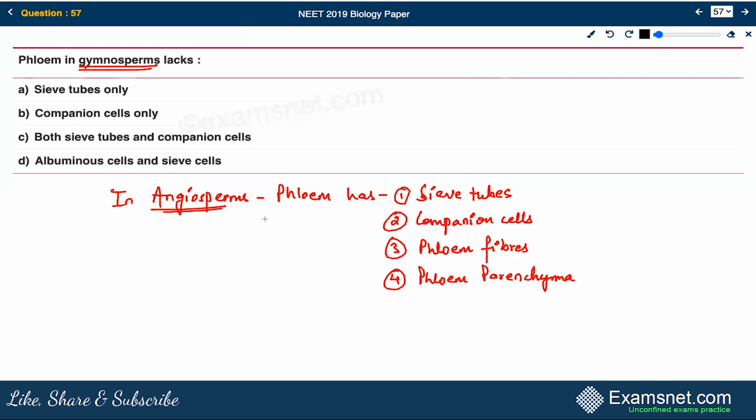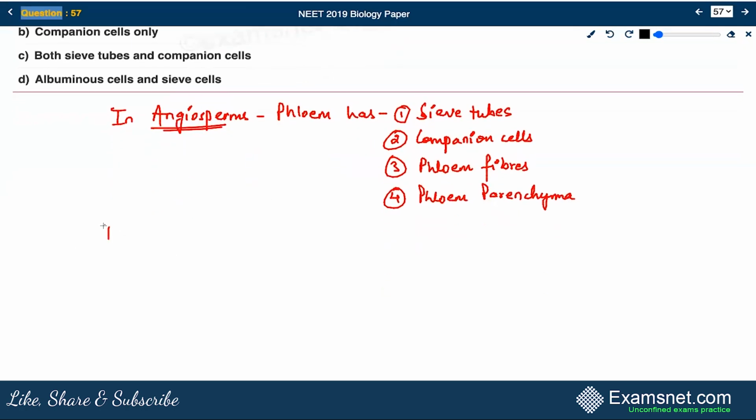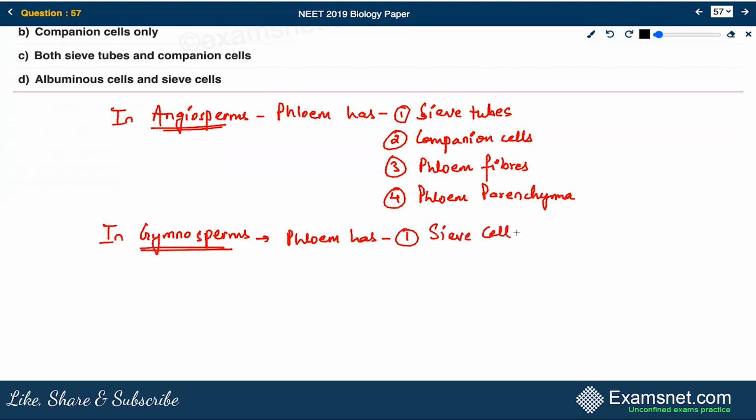But when we talk about gymnosperms, phloem has, in place of sieve tubes, sieve cells, but not tubes. So that's why they are unspecialized. Then in place of companion cells, they have albuminous cells.